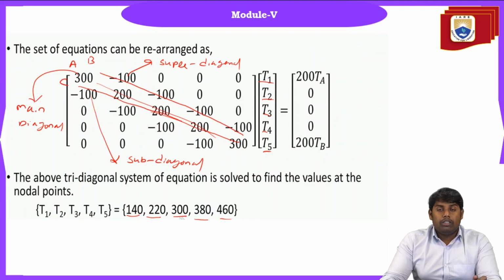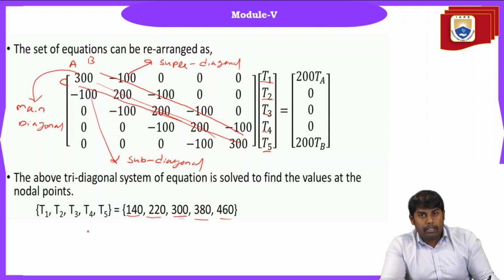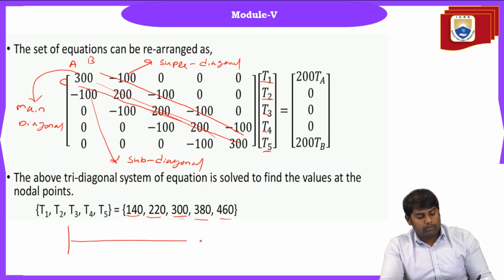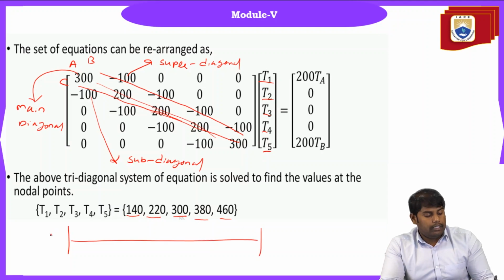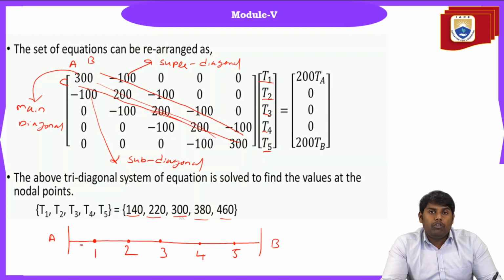When we actually apply this, what is happening here? You can see that as the diffusion has increased, because of the temperature difference, the values change. Let's draw here. This is A, this is B. 1, 2, 3, 4, 5.